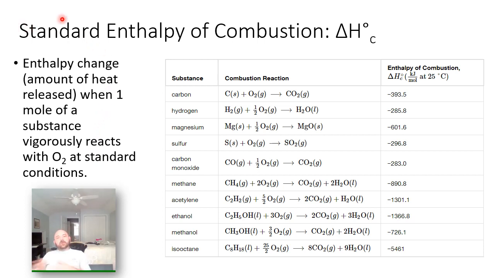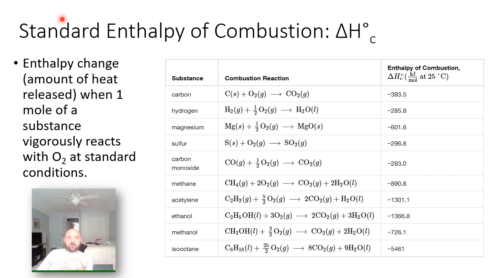We scientists have measured different substances' enthalpies of combustion and reported them in various resources over the years. And so we can use these to determine how much energy we're going to get from certain chemical reactions. Of course, burning things is a process that's used to power a lot of our electricity generation, and it's used for locomotion, it's used to heat homes.